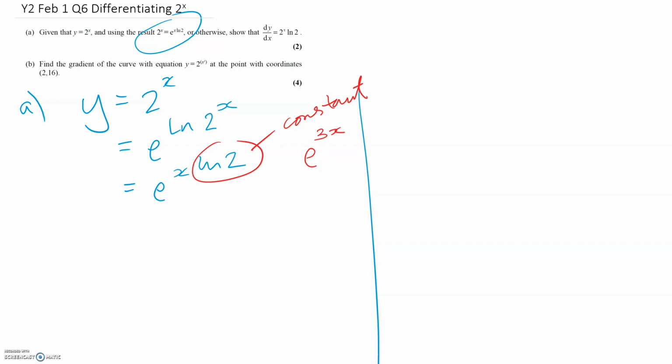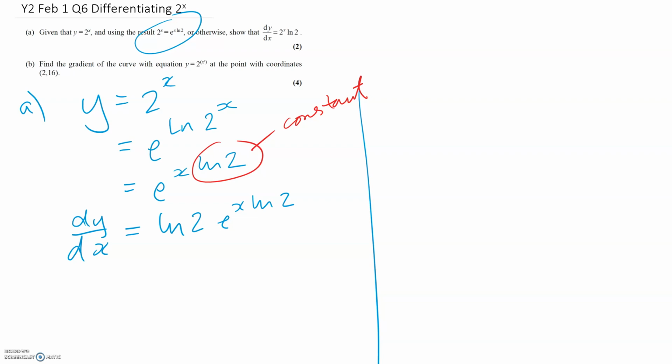So when we differentiate both sides, we get dy by dx equals, just bring the constant down, which is ln 2, and then keep everything else as it is. So now we've differentiated, we can try to go back to how the question originally looked.